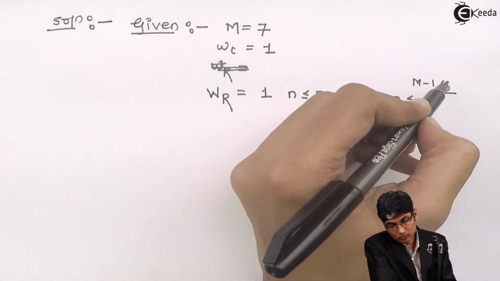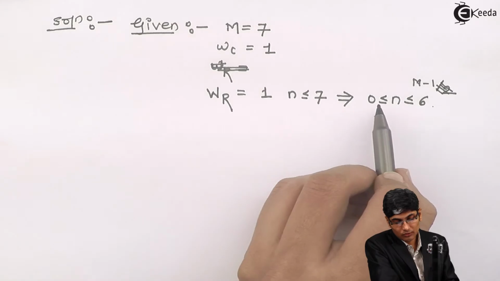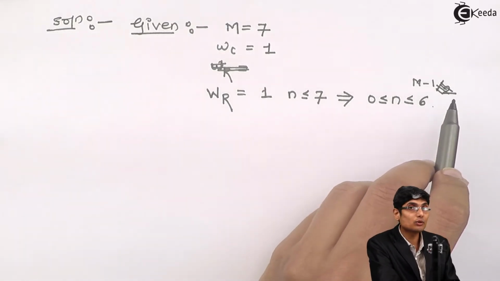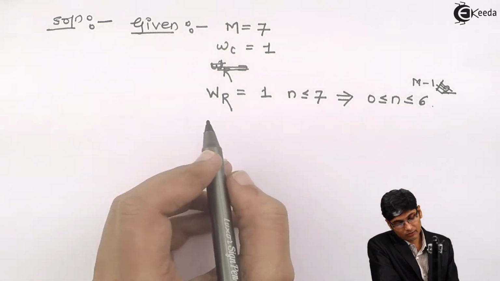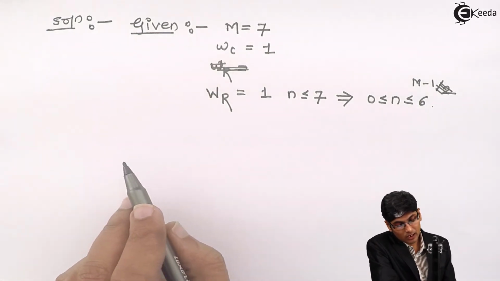Not from minus (m minus 1) by 2, because if I go with that, it will be an anti-causal window. I am designing for a causal window. So these are the 3 data that have been given to us.